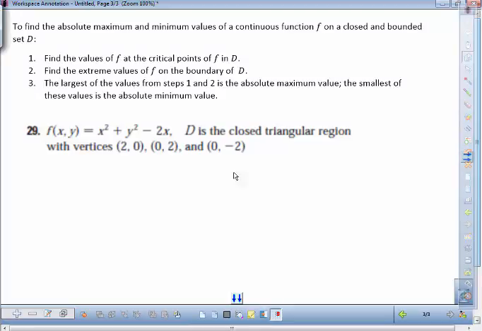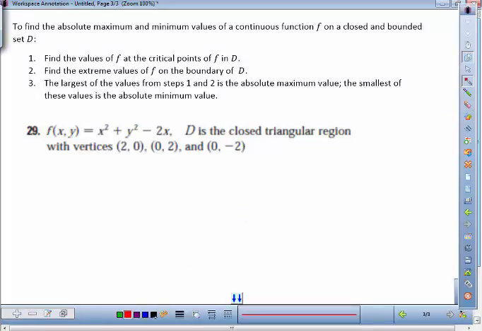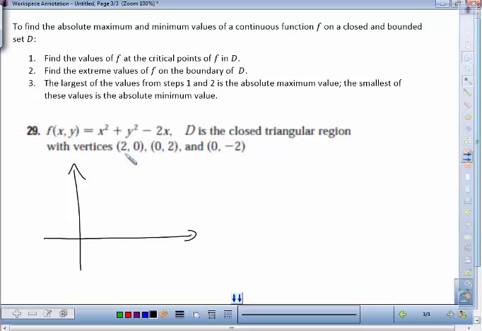And so the first thing we want to do is go to the domain, the two-dimensional domain, and try to figure out what this looks like and to make sure that this is a closed and bounded set. So it's going to be a closed and bounded set, but it's always good to take a look at this on a two-dimensional perspective. So we have 2, 0, and we have 0, 2, and we have 0, negative 2. 0, negative 2 is over here.